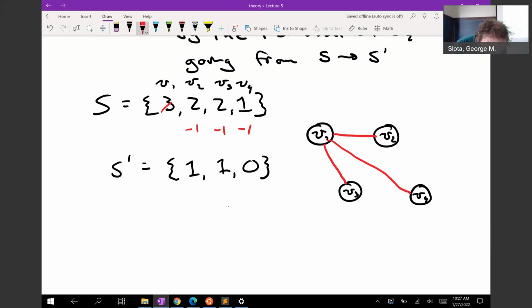Now we have our V2, V3, V4, constructing S double prime, 0, 0, moving on. So we do that, adding an edge from V2 to V3.